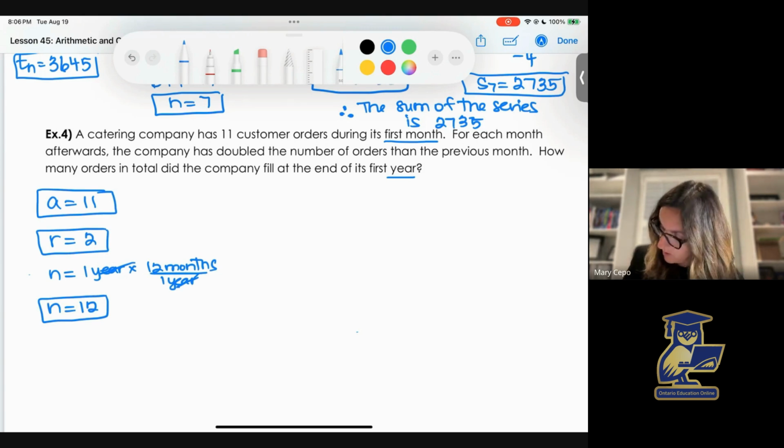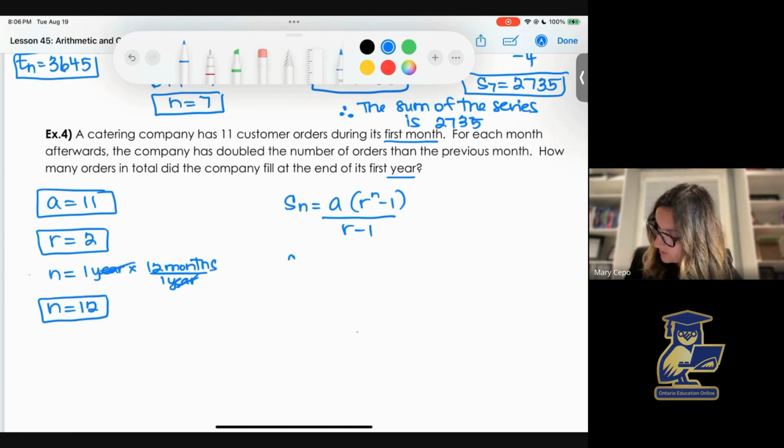So we know S at n is equal to a times r to the power of n minus 1 all over r minus 1. So at the end of the first year, we're talking about the 12th month. A is 11, times 2 to the power of 12 minus 1, all over r, which is 2 minus 1.